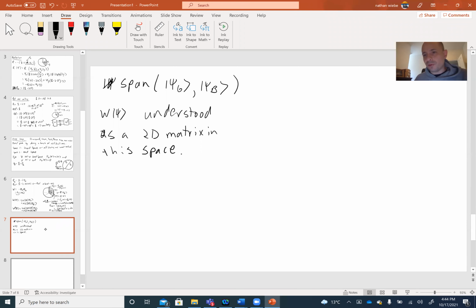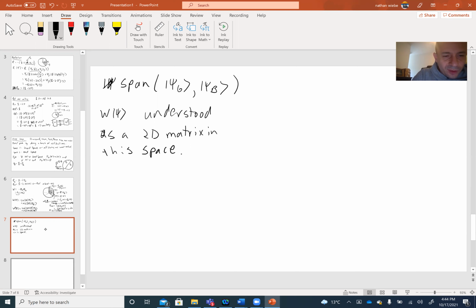Okay, so how do we end up finding this? Well, basically, because W acting on psi will always map to some linear combination of psi g and psi b, and because it's a two-dimensional space, it will only take inputs in psi g and psi b.